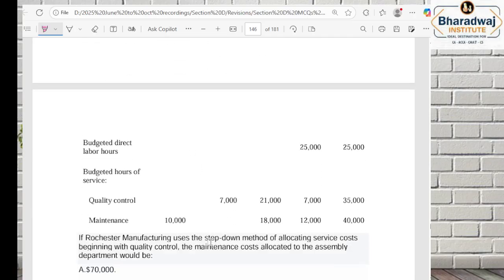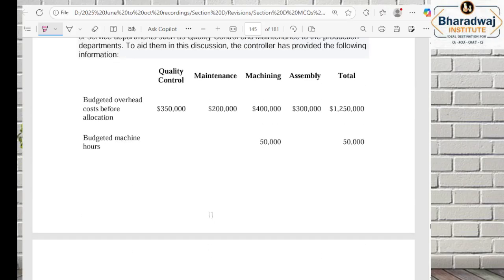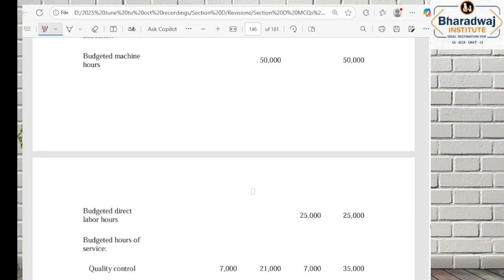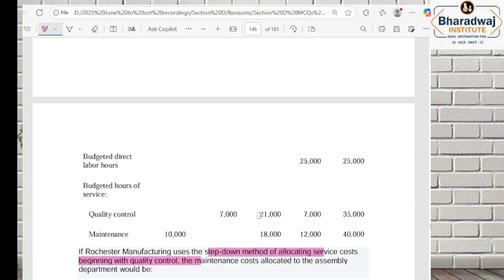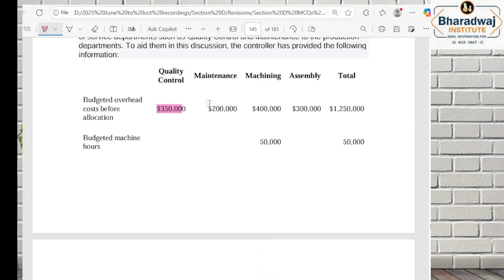Same question, with the step down method of allocating the service cost, beginning with quality control. First quality control cost will be allocated, in which proportion? 21:7 proportion, including the maintenance cost.